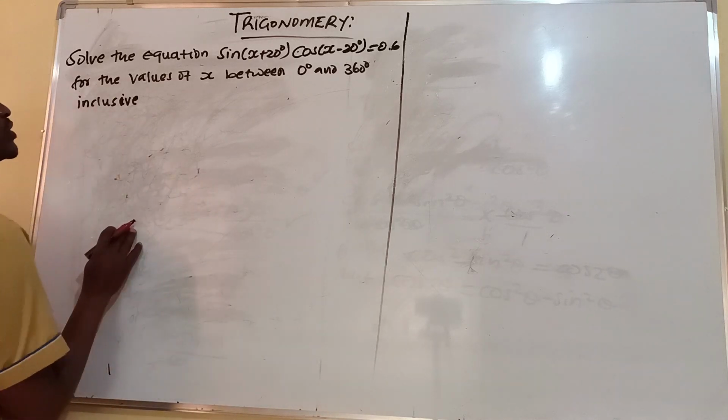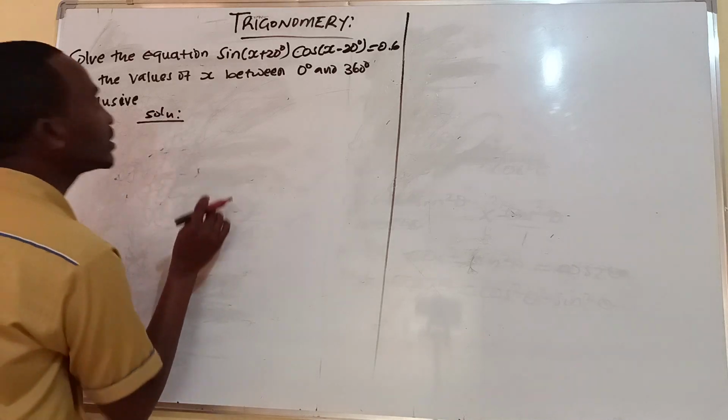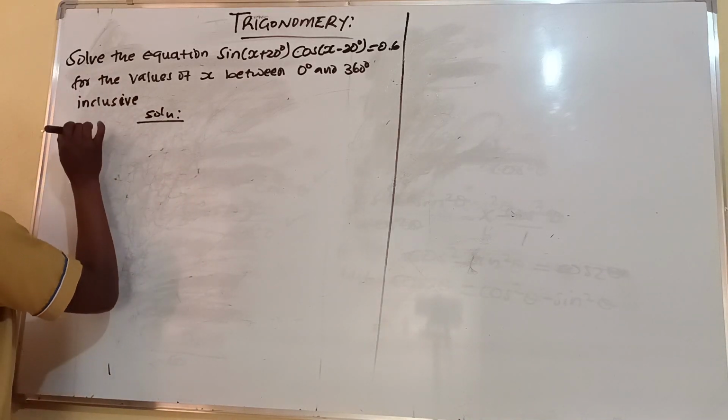Using your tables, you check where you have the trigonometric identities.